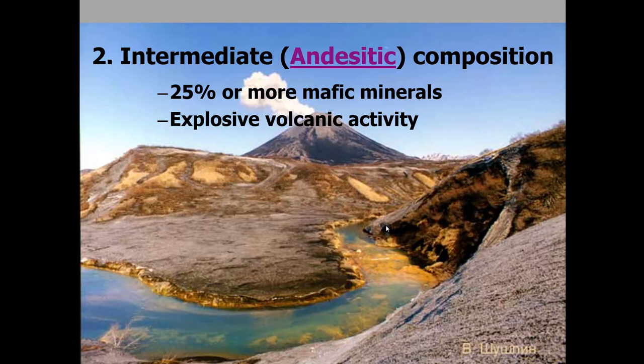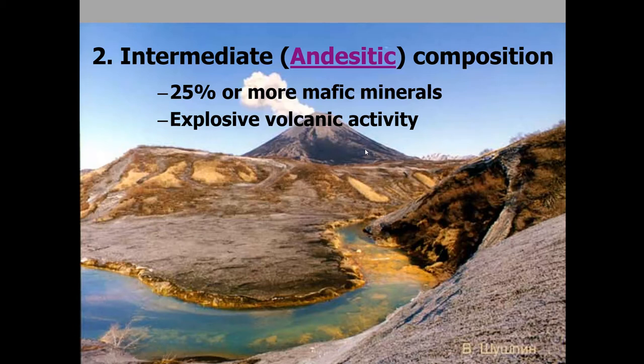There's sulfur that comes out of the water in the groundwater here, and there's bacteria that have figured out how to take some of that sulfur and turn it into food. We talked about this earlier. It's called chemosynthesis. And basically, what you're seeing here in the color of this stream is just a whole bunch of bacterial mats that are using some of the sulfur associated with this volcano to make food.